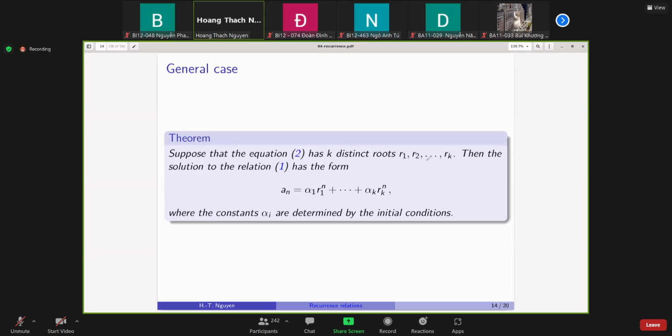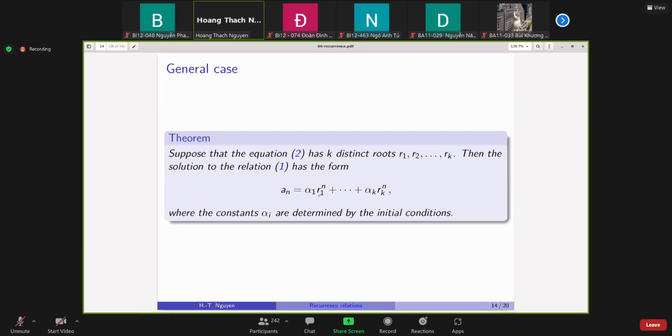So you might have guessed that we have a similar result if the characteristic equation has k distinct roots. Then the general formula for the general term of the relation is simply this.